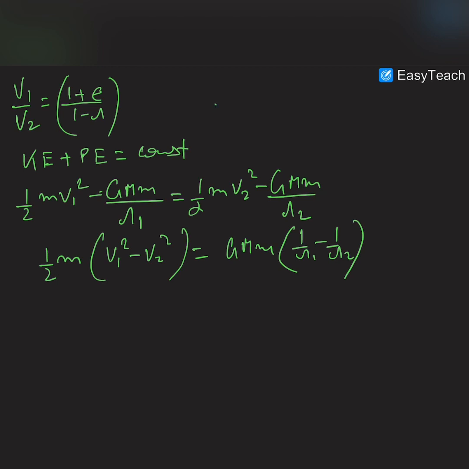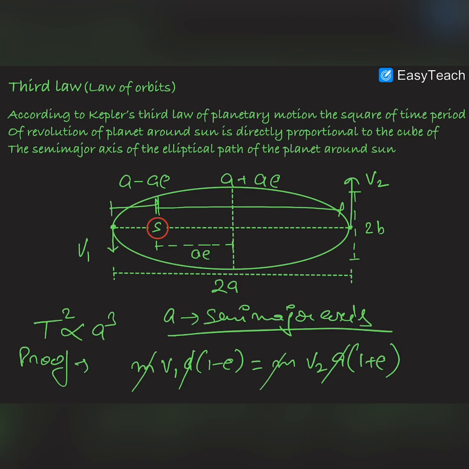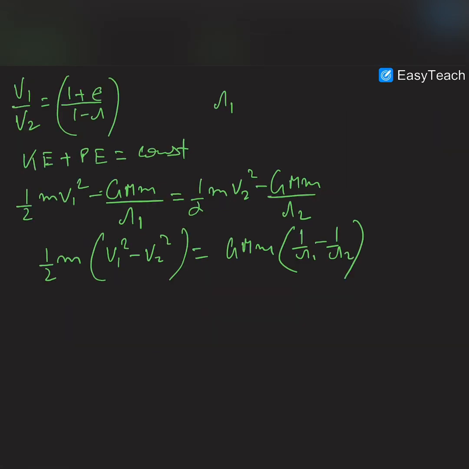And you know that r1 was equal to a into 1 minus e, and r2 was equal to a into 1 plus e. This is a very important relationship between them. Now let us use this relationship.